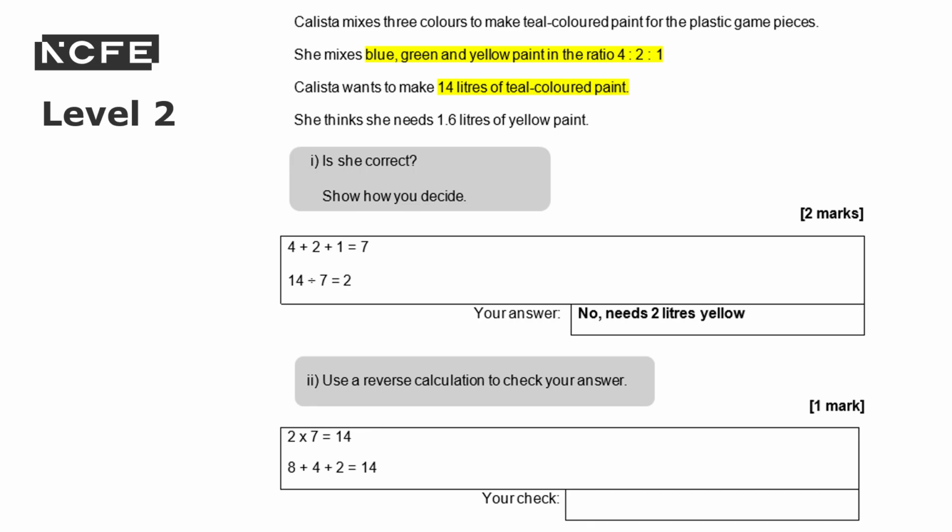And then just to double check that again, they've added up the parts in the ratio, given them a value of 2. So we've got 8 litres of blue is required, 4 litres of green and 2 litres of yellow, and that all adds up to 14.